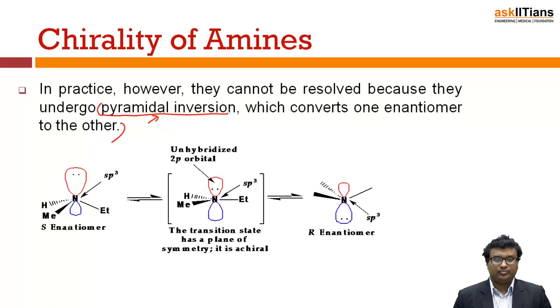You can see here there is the S enantiomer, and the same structure I just showed, the R enantiomer. There is a transition state which has a plane of symmetry, and because of this it is achiral. So the chirality of amines is affected because of this pyramidal inversion.